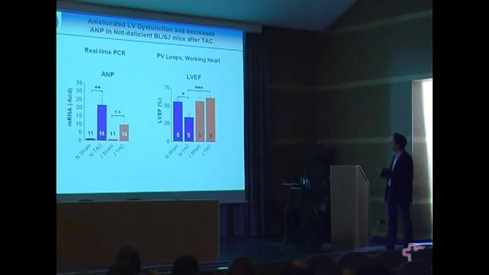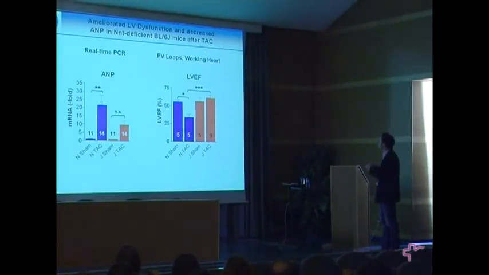Whereas, it's hard to believe, but it's true, it was not significantly increased, but at least less increased in the J mice. And when looking at left ventricular ejection fraction, which was determined by pressure volume loops in a working heart system, this was reduced after 6 weeks in the N mice after aortic banding, but preserved in the J mice.